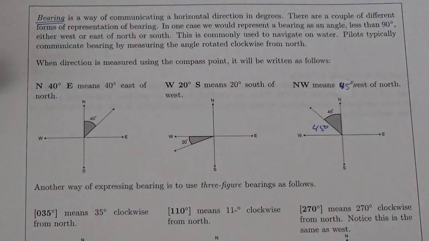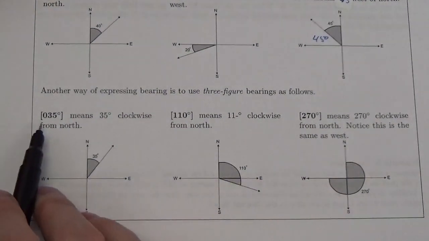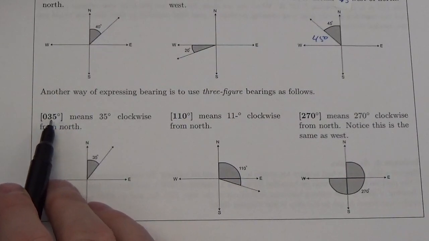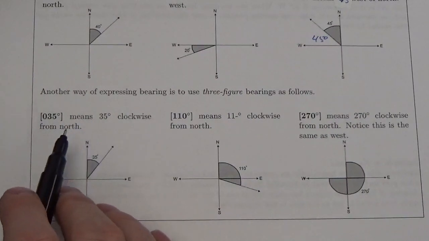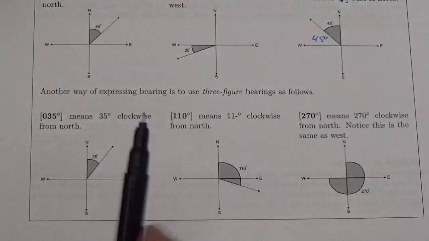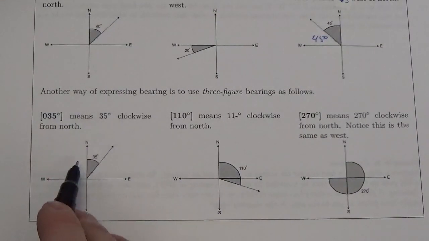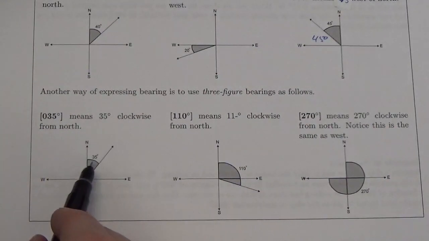Another way of doing it is to use 3-figure bearings. When you see something like this, with square brackets and 3 digits, those digits together give you the angle that you rotate clockwise from north. So a bearing of 035 is 35 degrees clockwise of north.